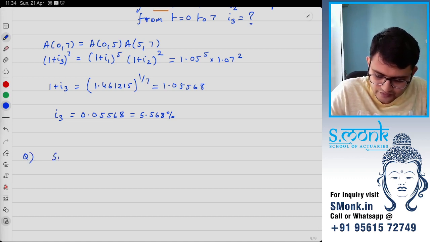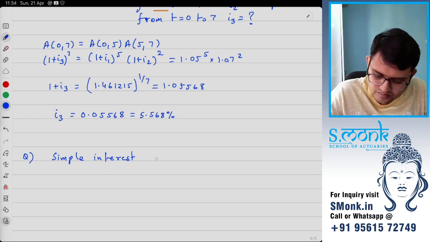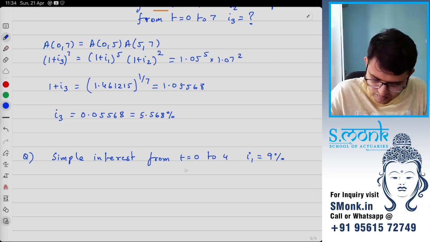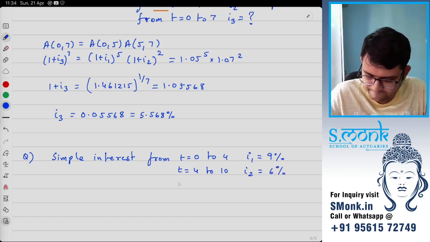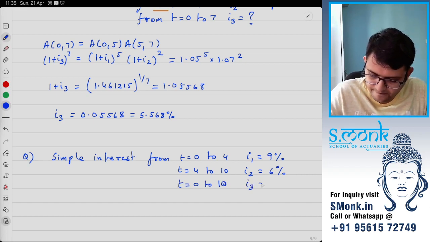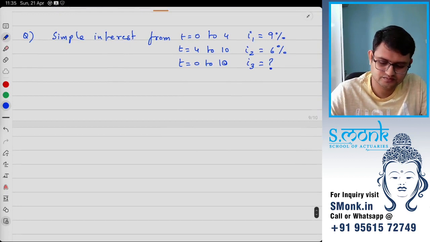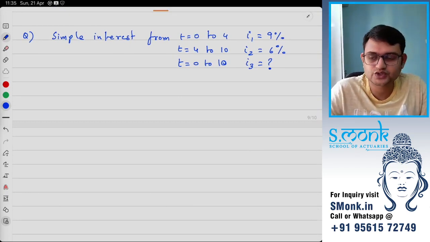Write another question for simple interest. So can you solve this?